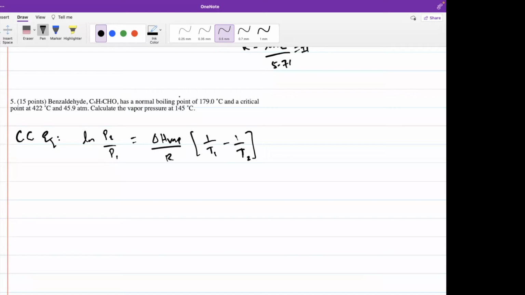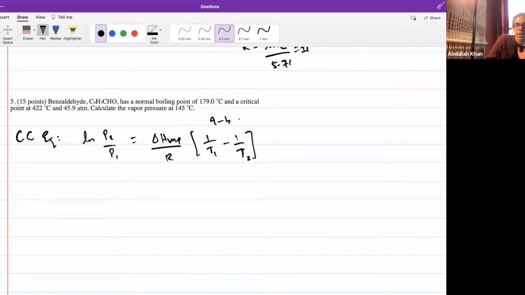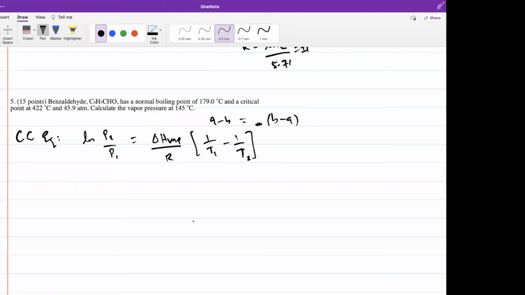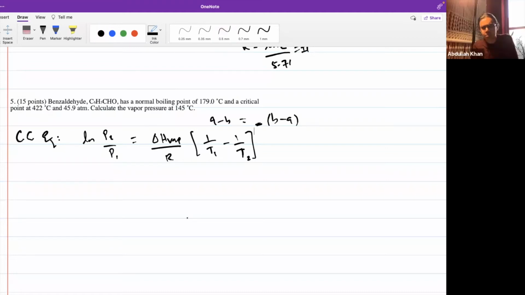He doesn't switch the ln P2 over P1, he switches 1 over T2 minus 1 over T1, and he makes it a negative in front of the change in enthalpy. Yep, we can do this too. That is like a minus b, which you can also write as b minus a at the cost of taking out a negative. That's how he writes it. He says there's many ways you can write this equation, depending on how you take out the negative. It's all the same.